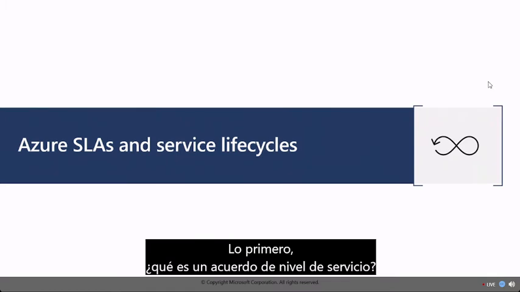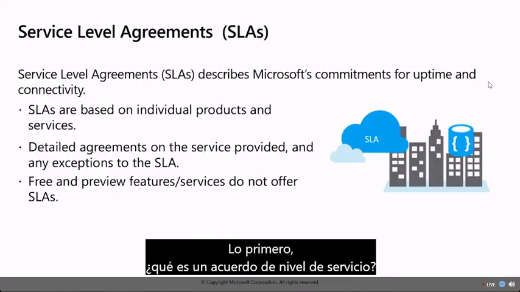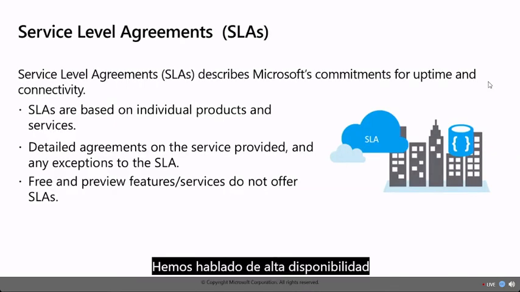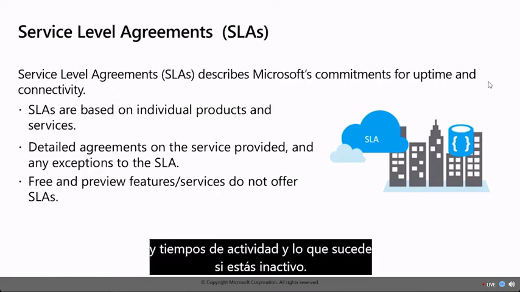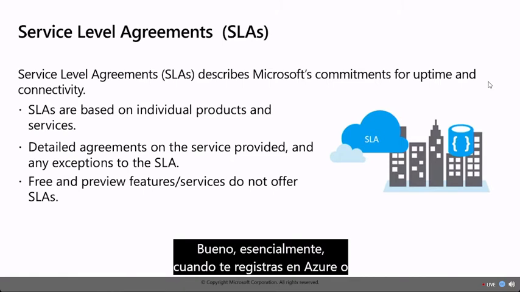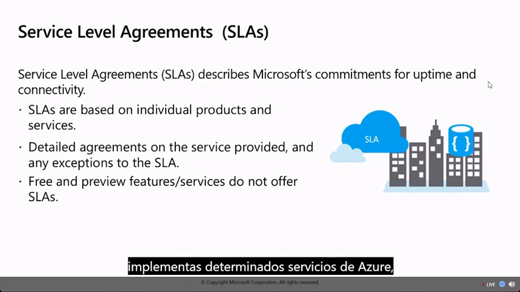So the first thing is, what is a service level agreement? Now, we've talked about high availability and uptimes and what happens if you're down. Well, essentially, when you sign up for Azure or you deploy certain Azure services, there is a service level agreement.